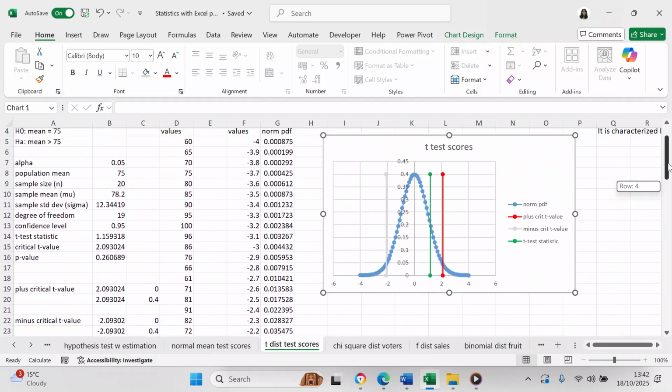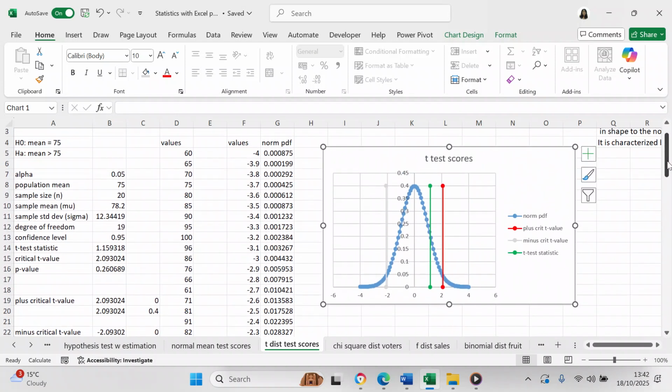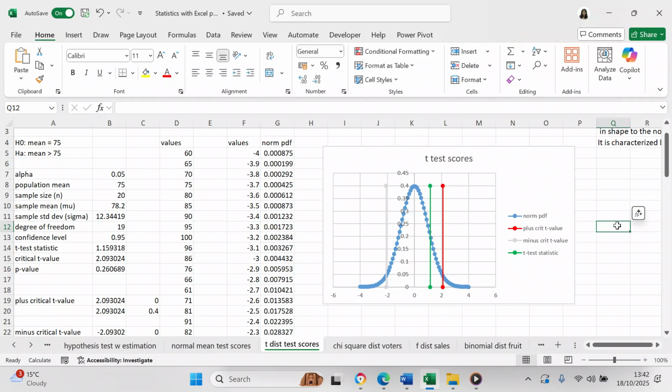So that is how you perform a hypothesis test with a t-distribution, although we had to do the chart with a normal distribution because it's not practical to do this chart with a t-distribution.